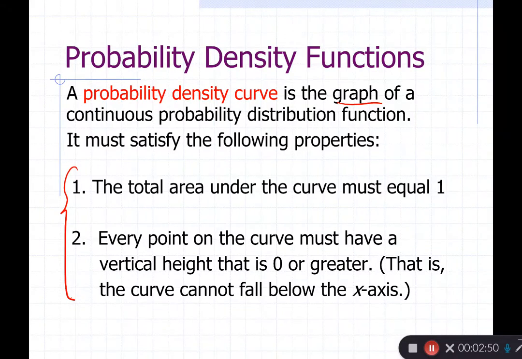One, the total area under the curve, under the graph, must equal 1. And every point on the graph has to have a vertical height that is 0 or above, 0 or positive, so no negative y value. So basically, the total area is 1 and no negative y values.